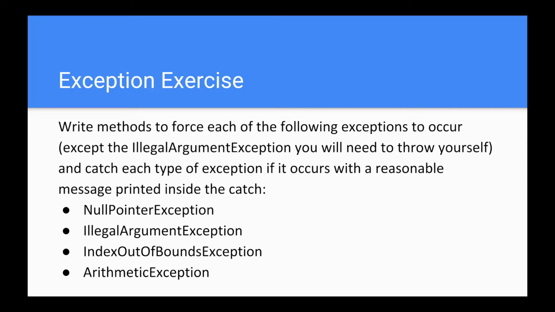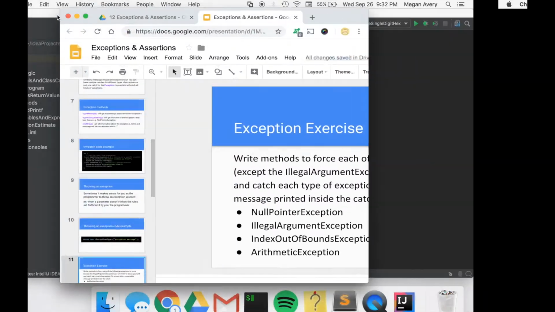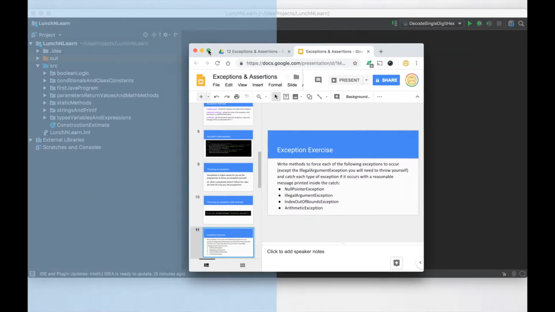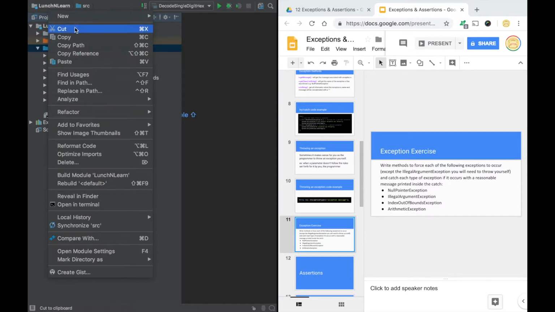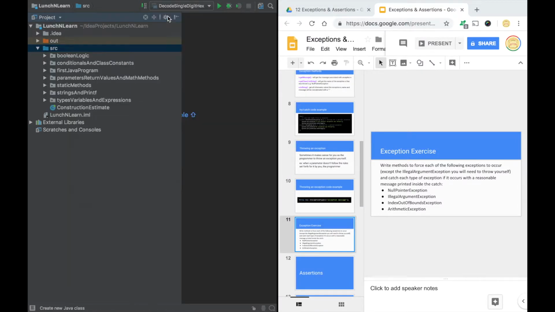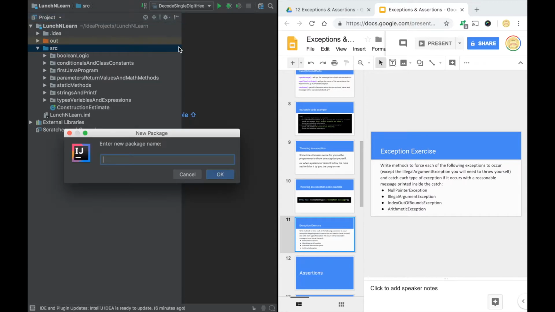So we're going to do an exception exercise now. Let's get this to be split screen with this. Okay. So we want to do a new package, and we're going to call it exceptions and assertions.